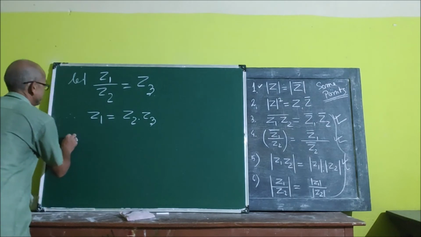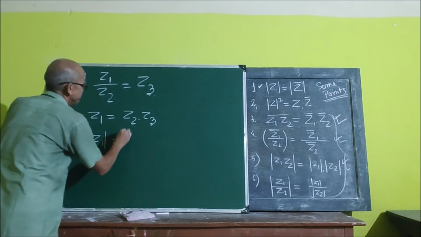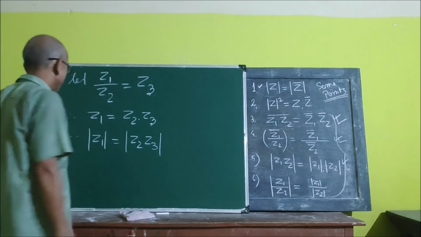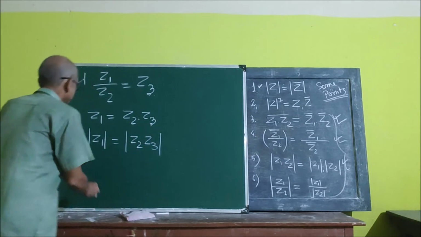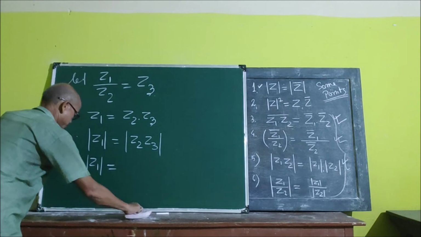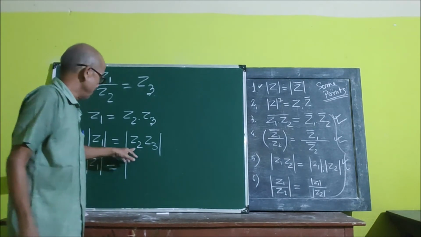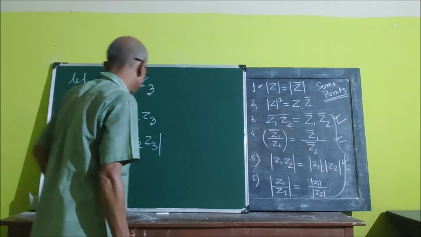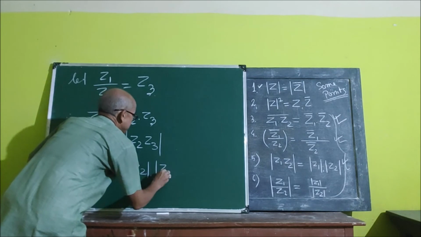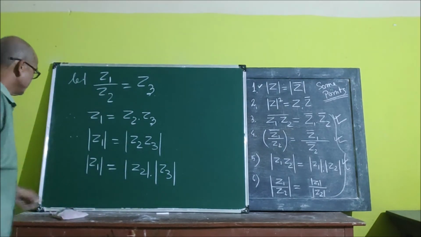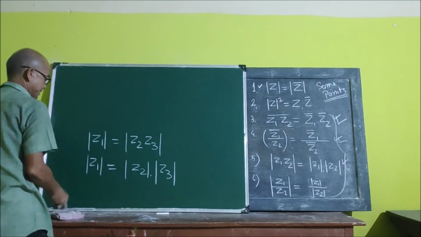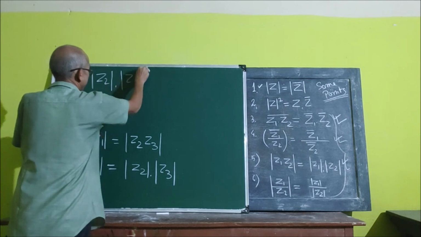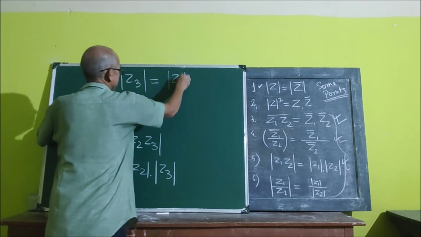Taking modulus on both sides, the modulus of Z1 equals the modulus of the product, which is the product of their moduli: modulus of Z2 times modulus of Z3.